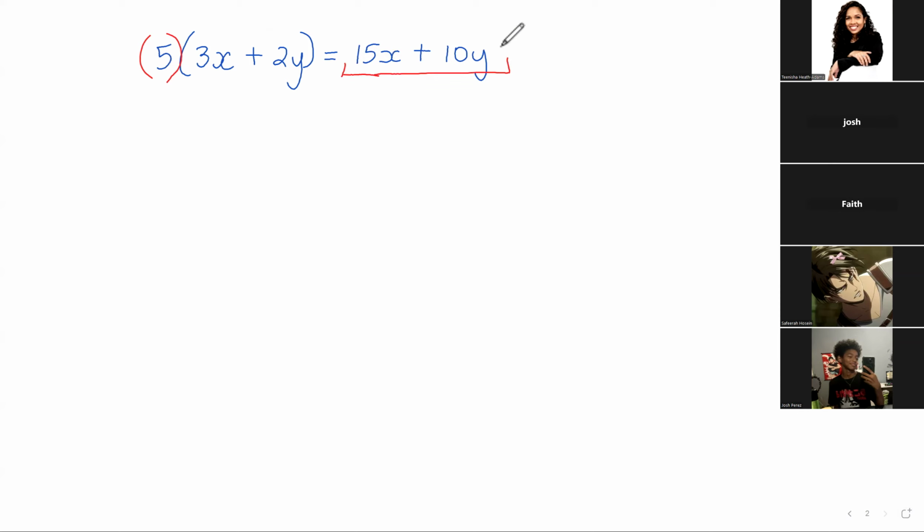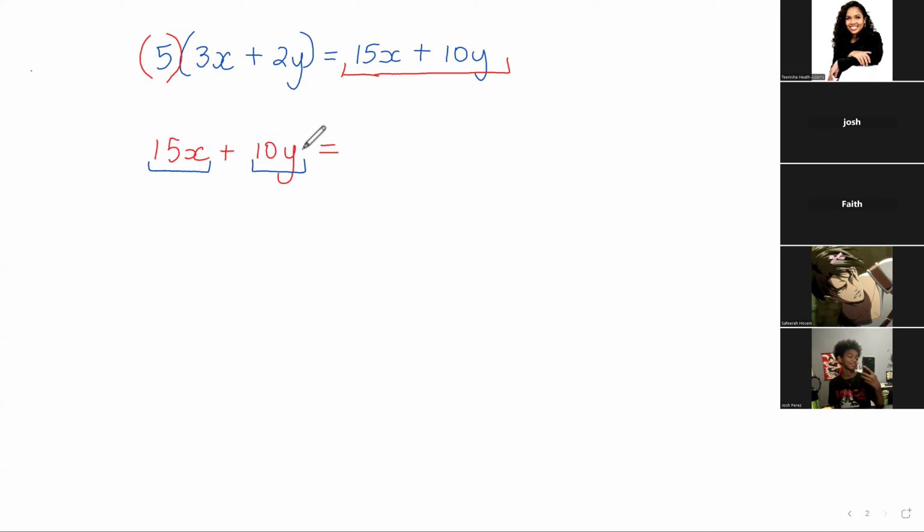All right. But there's a strategy that you can use to factorize 15x plus 10y. If I just gave you 15x plus 10y and asked you to factorize it, you would look at 15x and 10y and ask yourself, what number can go into 15x and 10y without leaving a remainder?